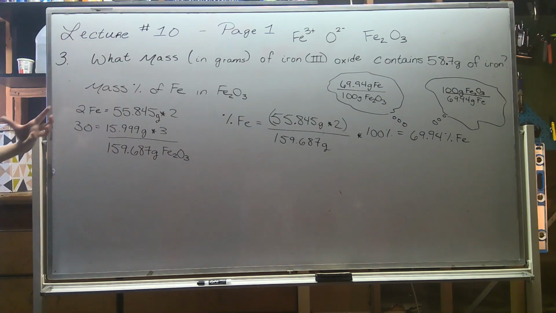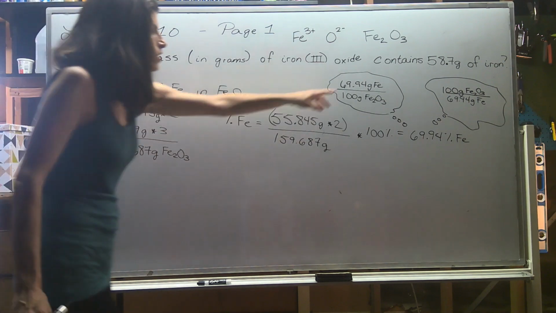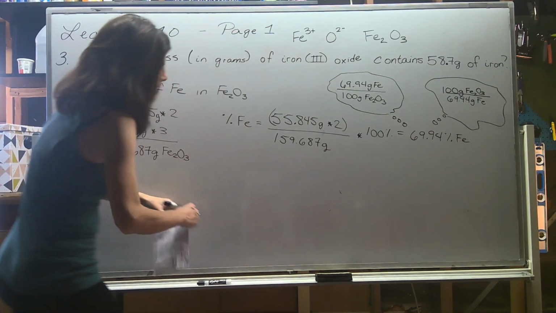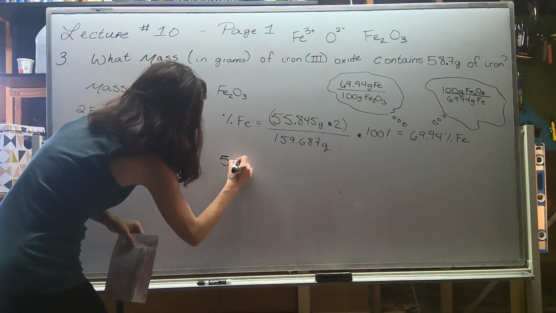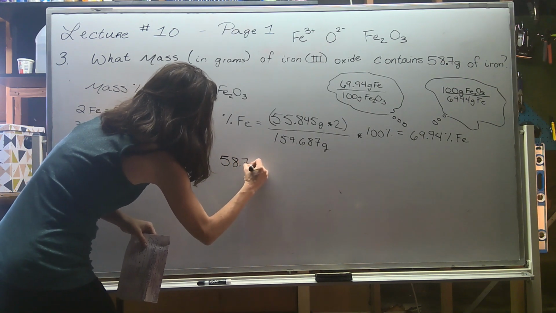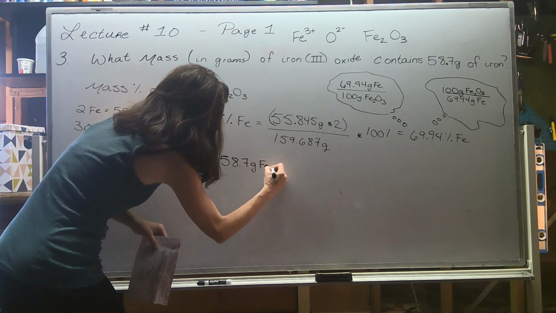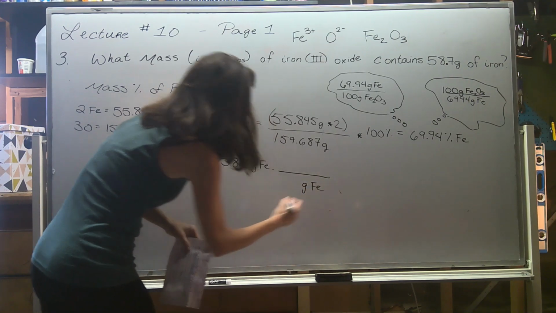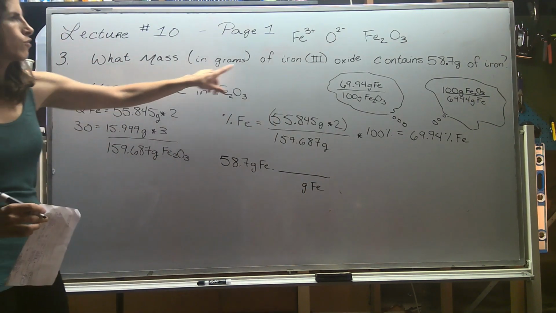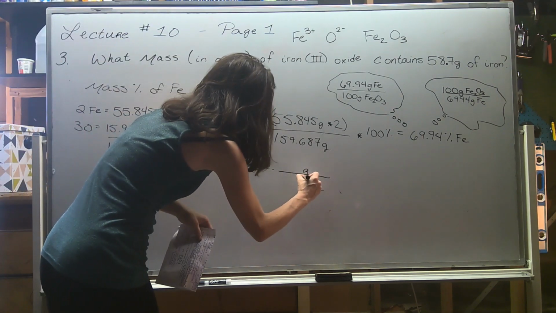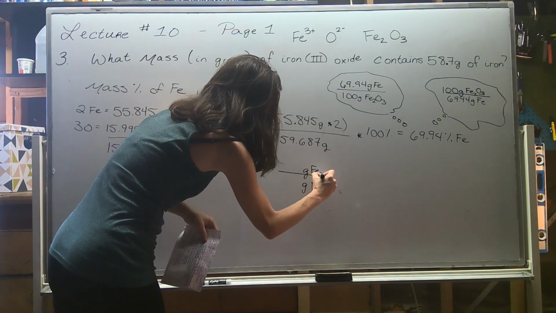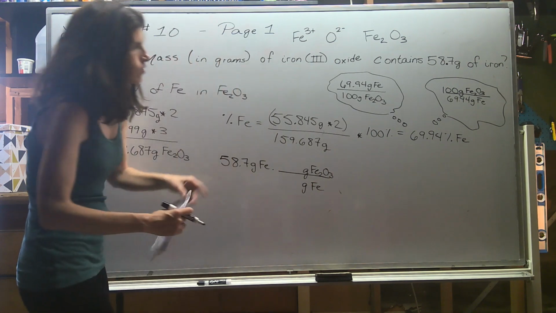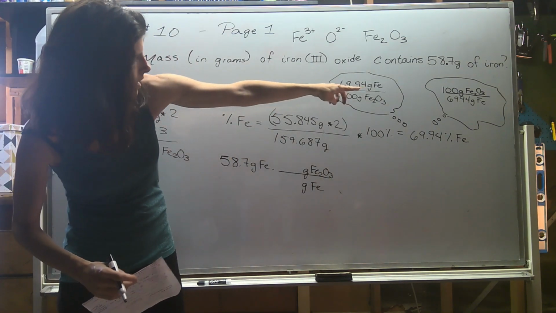So like all conversion factor problems, we're going to start with the number they gave us, so 58.7 grams. And that's grams of iron. So we're looking to get rid of the grams of iron and figure out the grams of the iron oxide. So right over here, we'll use that second one, right?